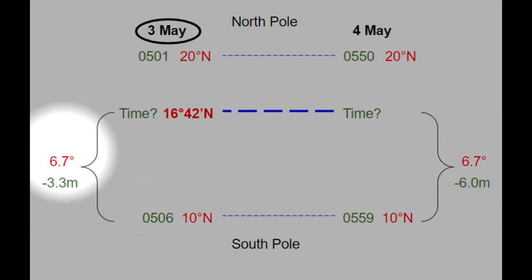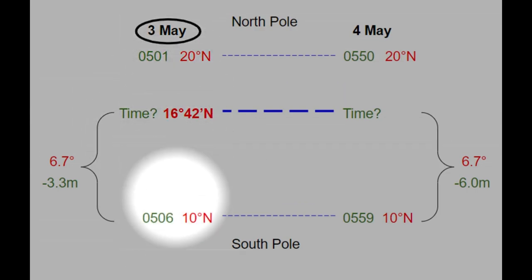Next up, we did a little bit of math on step 8. We took our difference in latitude, 6.7 degrees, divided it by our tabulated latitude difference, and got 0.67. So we're 67% of the way between 10 degrees north and 20 degrees north, so we're going to take 67% of the correction of time. In this case, the difference in time was minus 5 minutes.